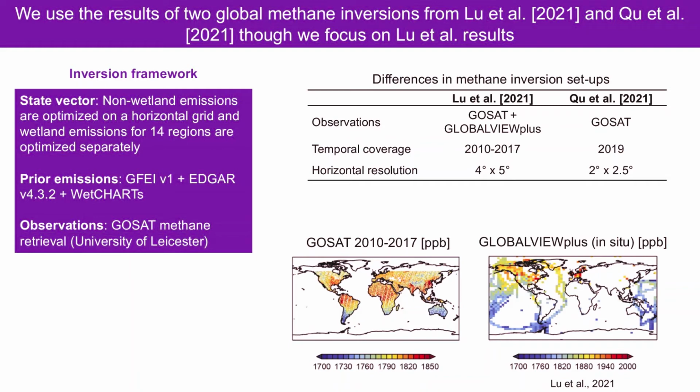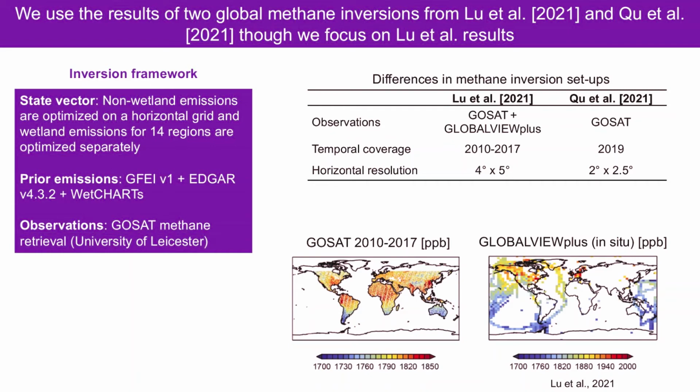Both inversions had a similar framework in that they had non-wetland emissions optimized on a horizontal grid, and then wetland emissions were separately optimized for subcontinental regions at a monthly time scale. Both inversions use prior emissions from GFA version 1, as I said, and use similar emissions for all other sectors as well.